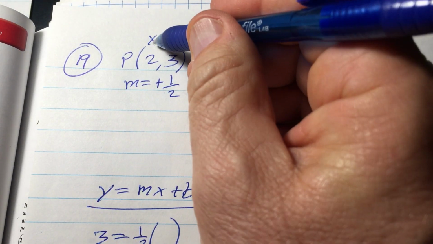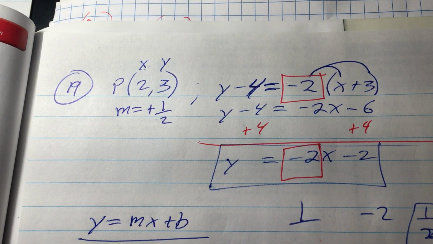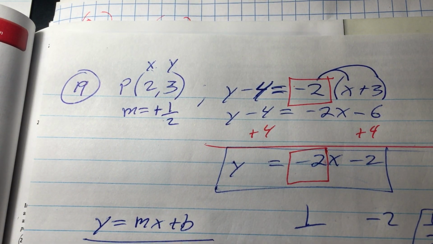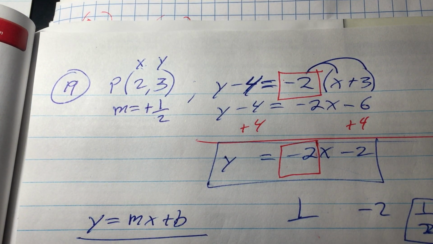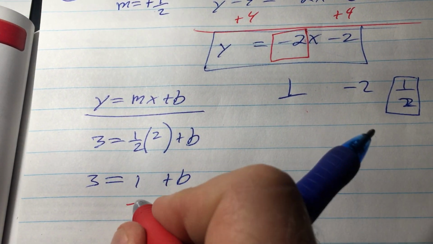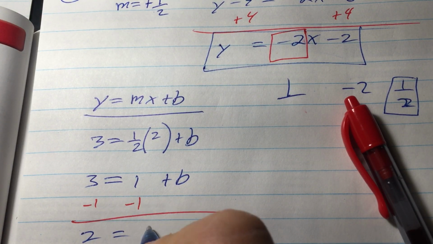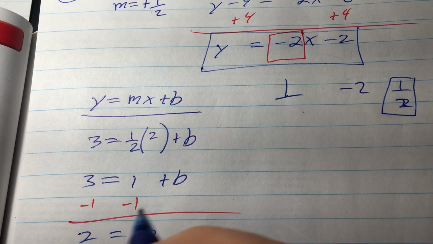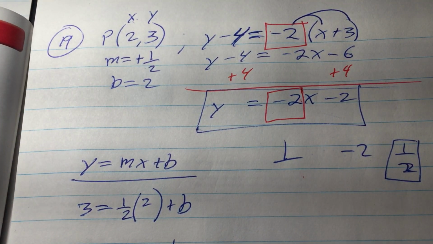X has a value of 2, plus b. So this times this is 1. Subtract 1 on both sides of the equation. So we know b is 2. B has a value of 2.